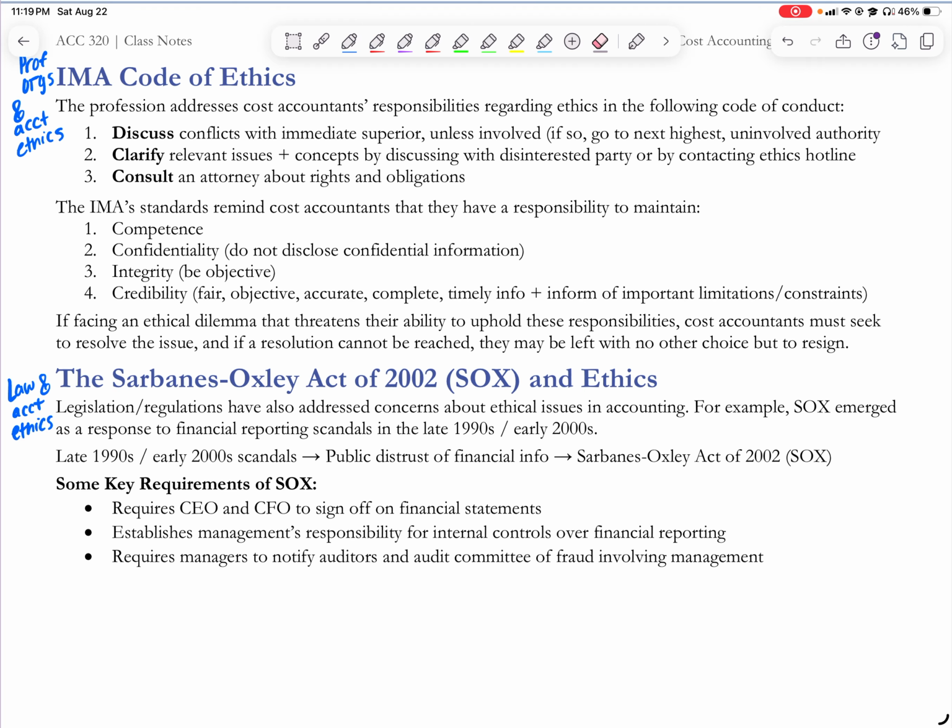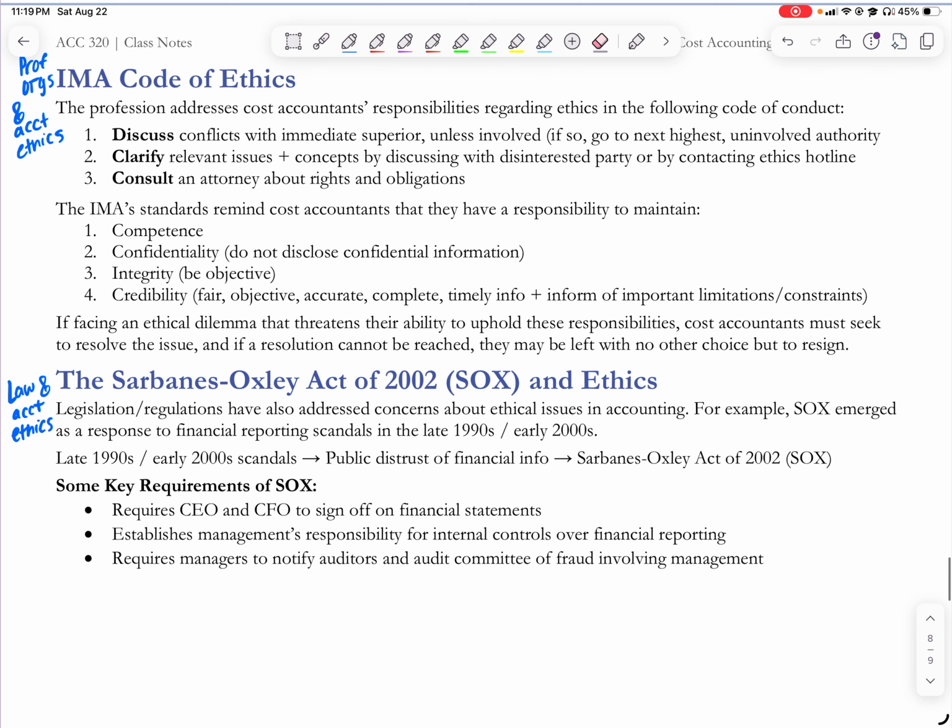They should strive to be fair and objective, to be accurate, to report complete information, and to report it in a timely way. And when they have concerns or caveats about the information they're reporting, they should disclose that too, to ensure that users can assess it accordingly.